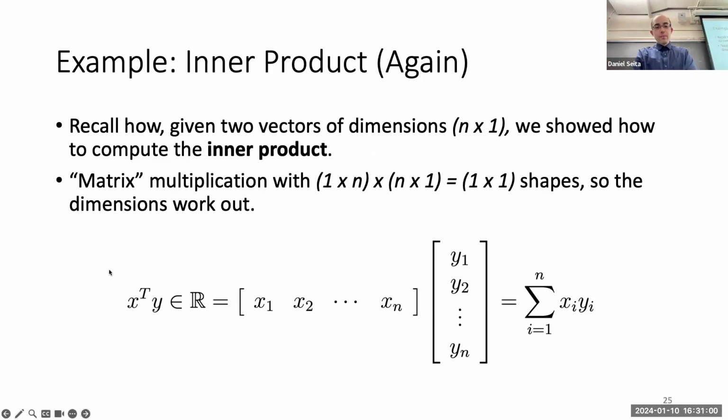If you have X times Y, then you sum up the product of all the matching X and Y components. From a dimension perspective, remember that it's a 1 by n multiplied by an n by 1 matrix, and then you get a 1 by 1, which is the same thing as a scalar.